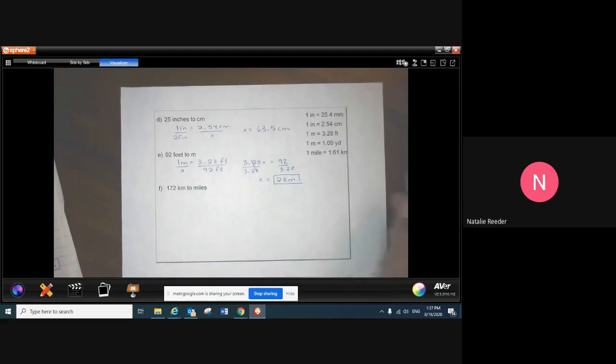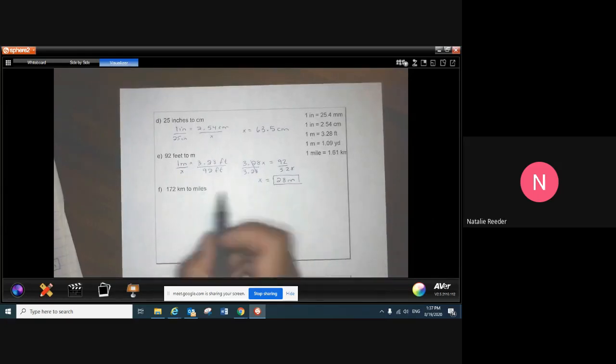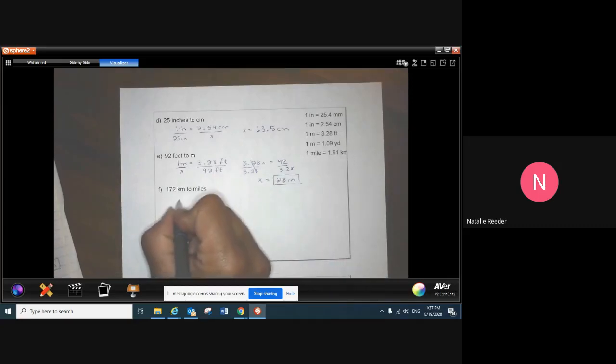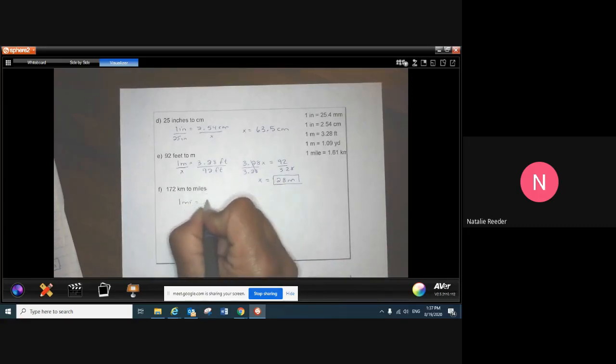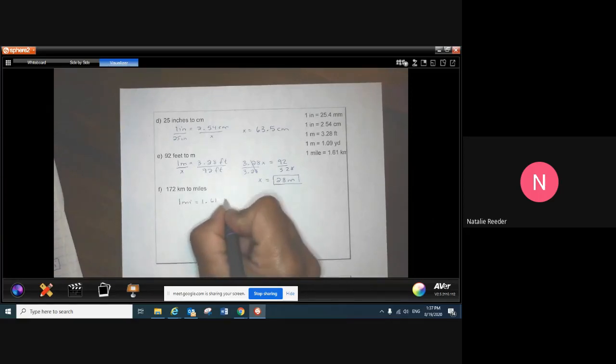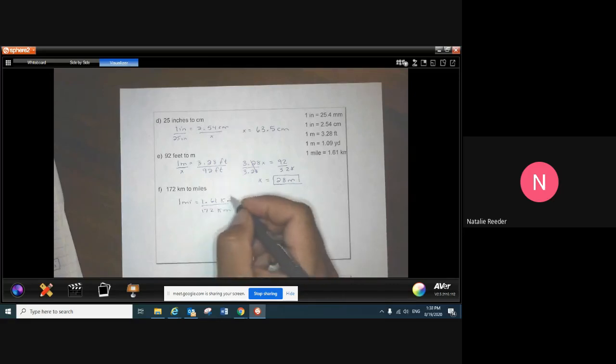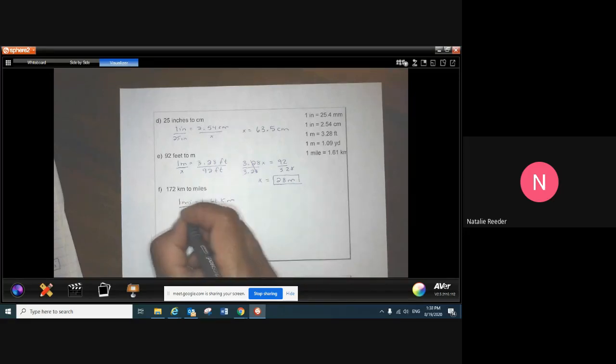All right, the last one is set up the same way. It's just miles and kilometers, so it's the last one that we want. 1 mile is equal to 1.61 kilometers. They're giving us the kilometers, so it's 172 kilometers, and we need to write it again underneath the kilometers. And it's the miles we want to find, so we put x under the miles.